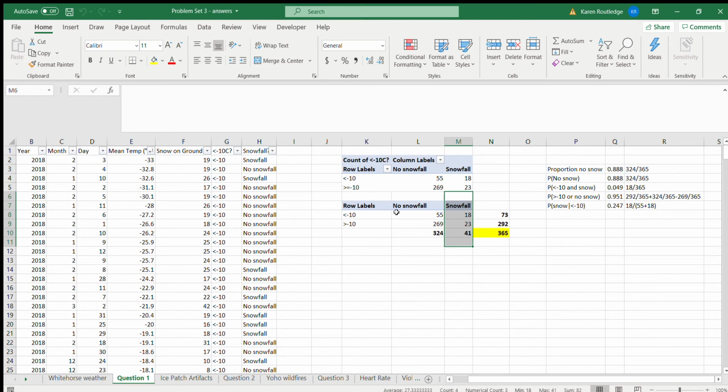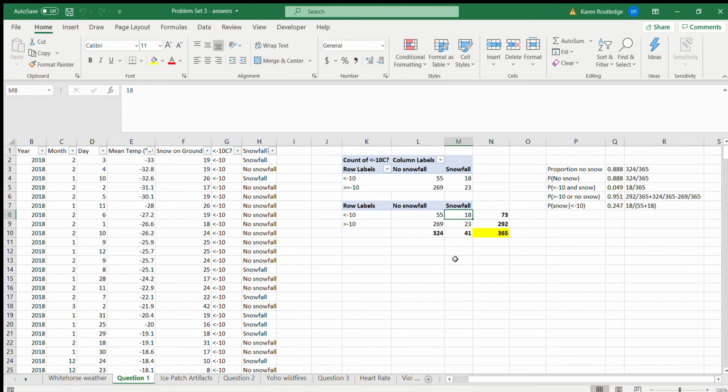So we want the -10 and the snowfall. That's this particular cell. So 18 times out of 365 potential opportunities, it was less than -10 and it snowed. So our probability of less than -10 and snow, the kind of intersection of this table, is 18 divided by 365, or about 5%.